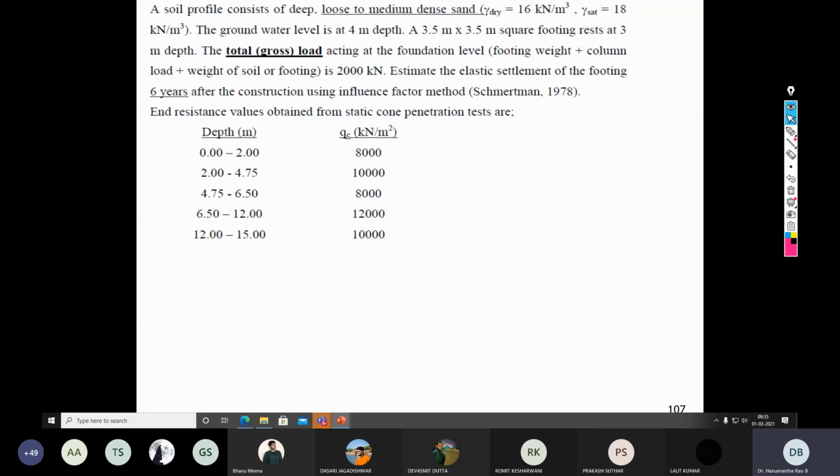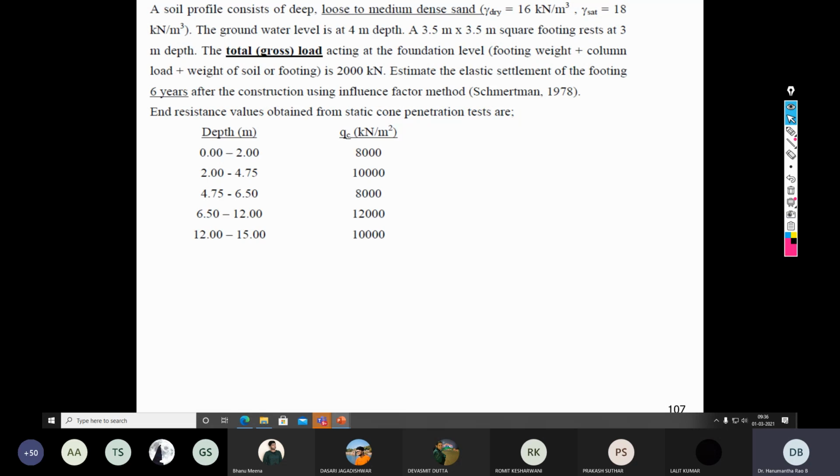A soil profile consists of deep, loose to medium dense sand, gamma dry as 16 kilonewton per cubic meter, gamma sat as 18 kilonewton per cubic meter. The groundwater level is at 4 meter depth. A 3.5 meter by 3.5 meter square footing rests at 3 meter depth.